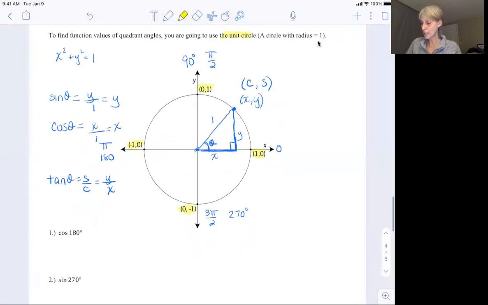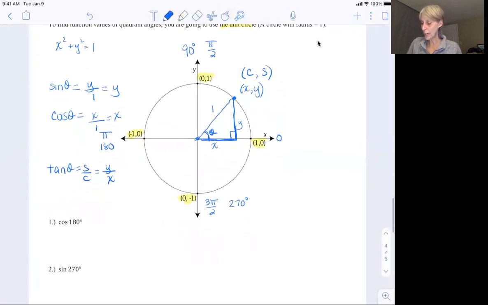So for instance, the cosine of 180, if I wrap around and go to 180, remember, cosine, sine, the cosine of 180 is -1. The sine of 270 is also -1.